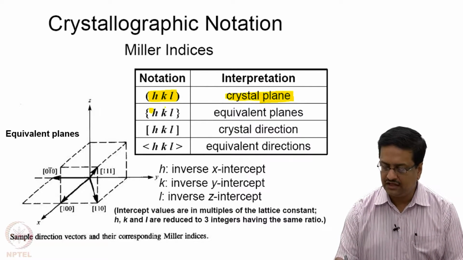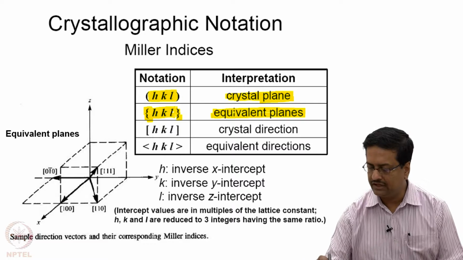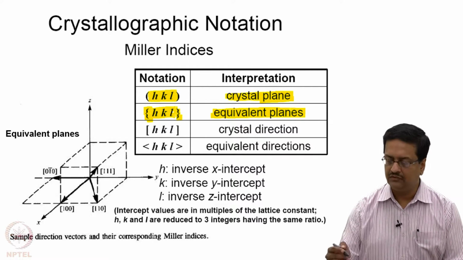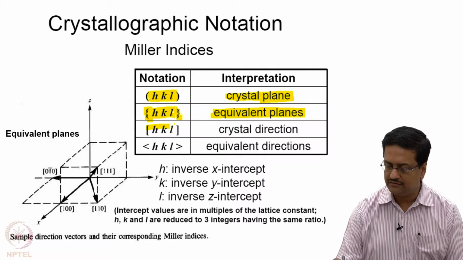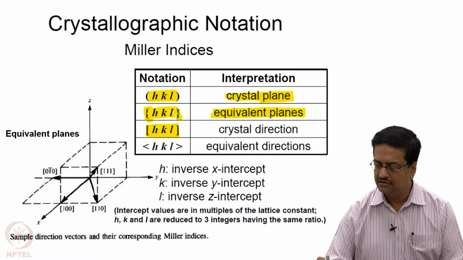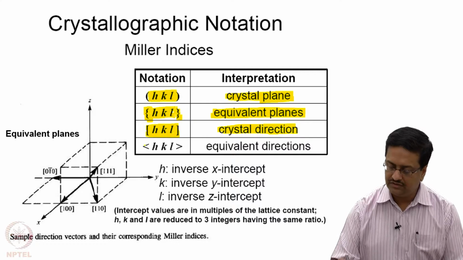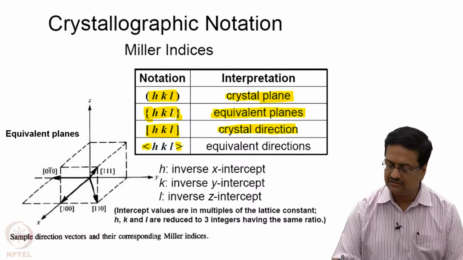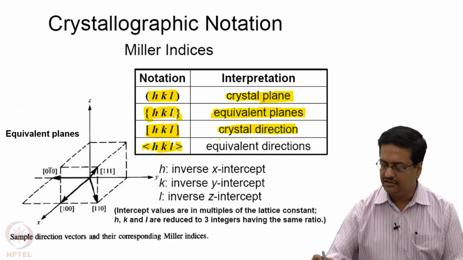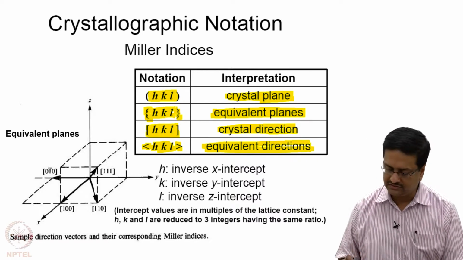When we write HKL within the second bracket, as indicated here, we are talking about equivalent planes. When we indicate HKL within the third bracket, the square bracket, it indicates a crystal direction. And when we represent HKL within the greater than, less than sign, they are called the equivalent directions.